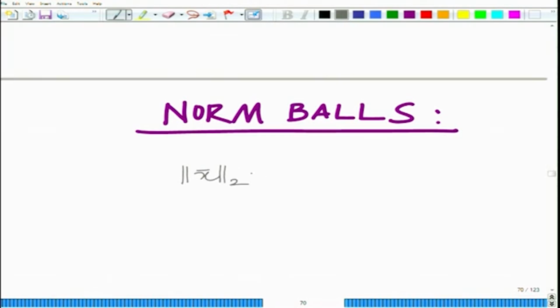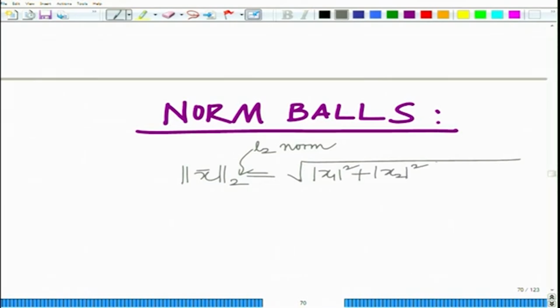I have the 2 norm, also known as the L2 norm, which you can write as magnitude x1 square plus magnitude x2 square plus so on, magnitude xn square, all under a square root.